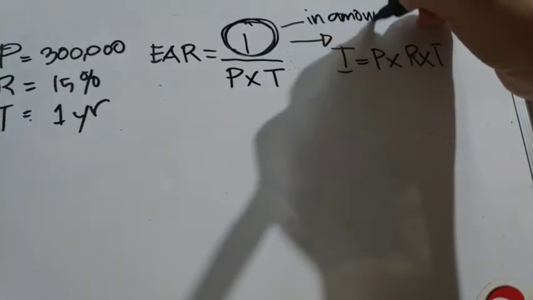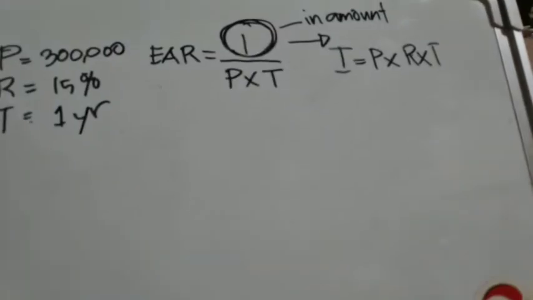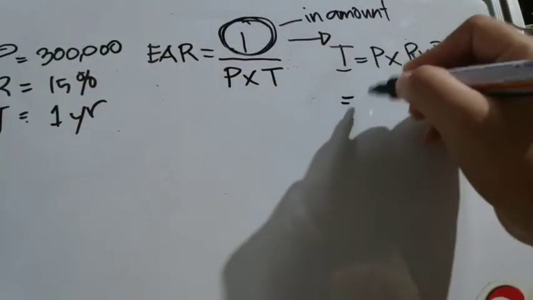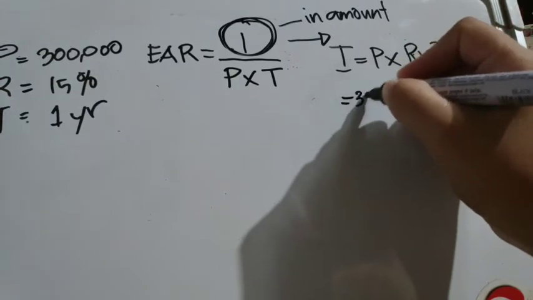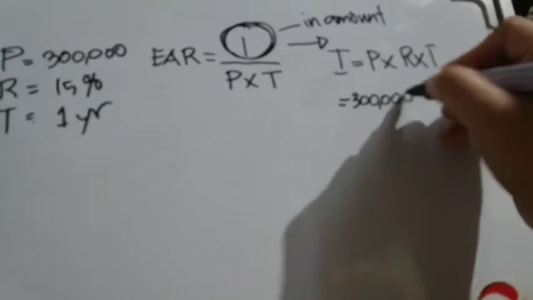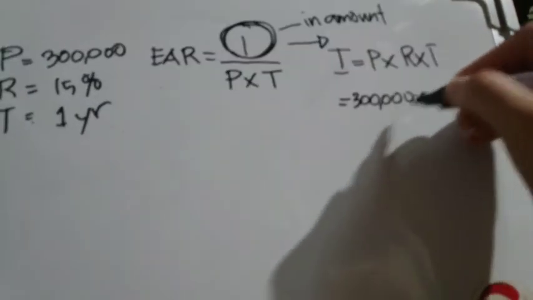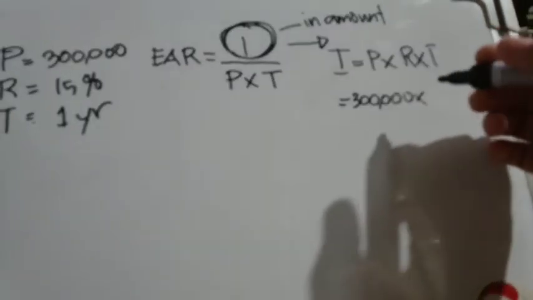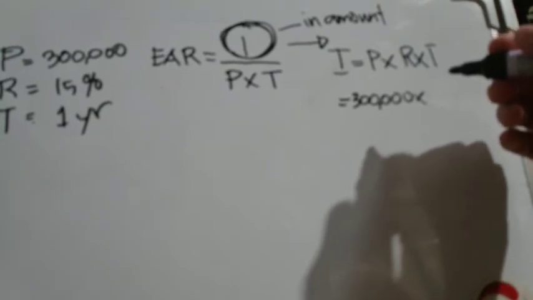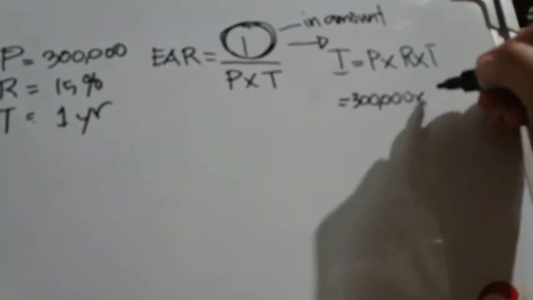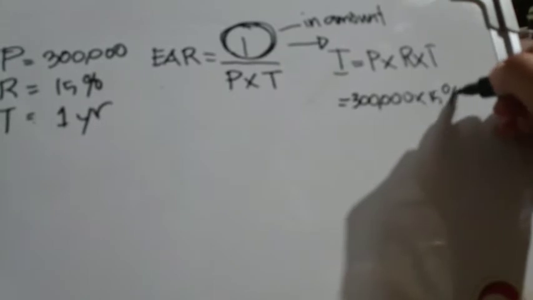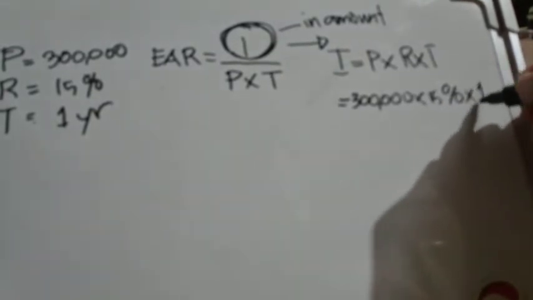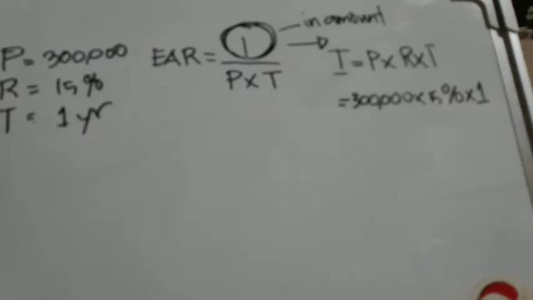So you need to get the interest amount first. The principal is 300,000 times the rate, which is 15%, times the time, which is 1 year.